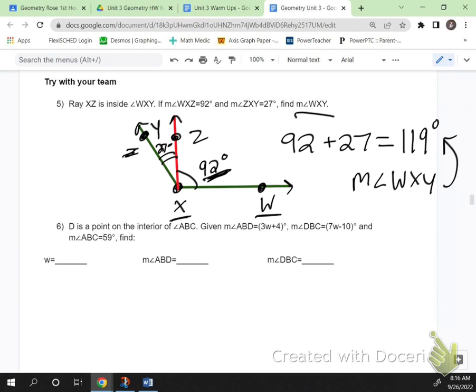Point D is in the interior of ABC. So let's just draw ABC. All right, it says point D is in the middle of this angle in the interior. So I'm going to put a point and I'm going to connect it here.